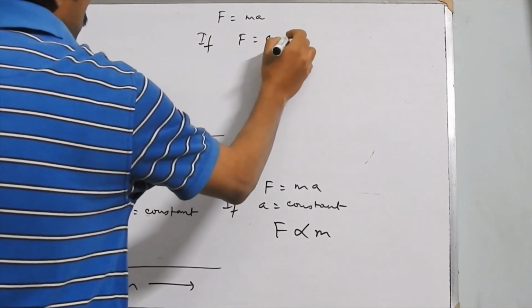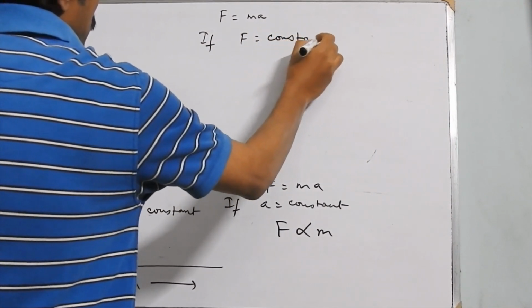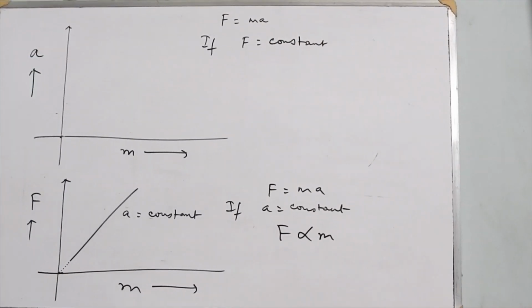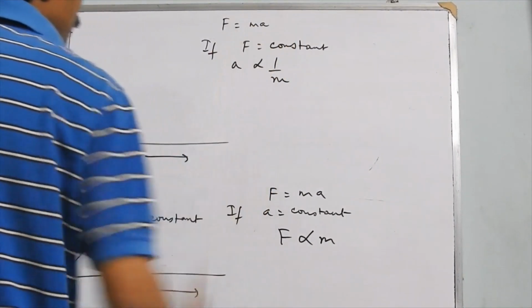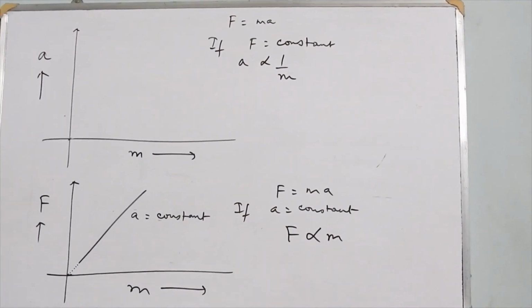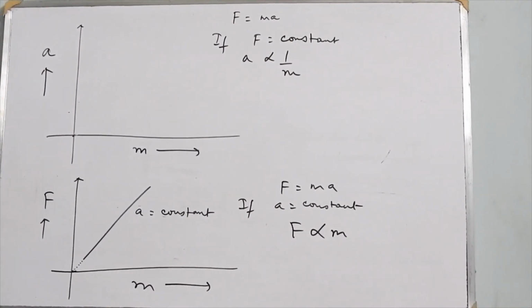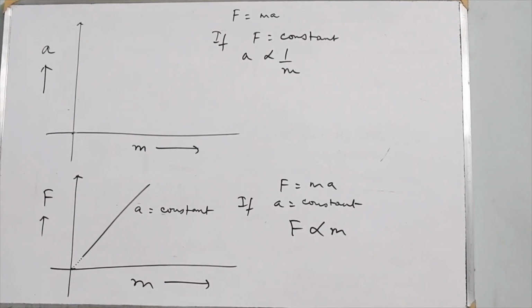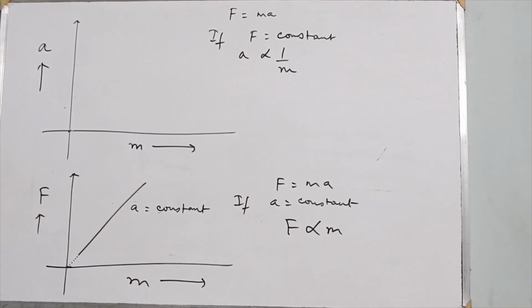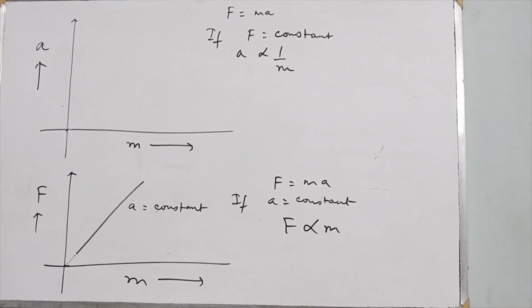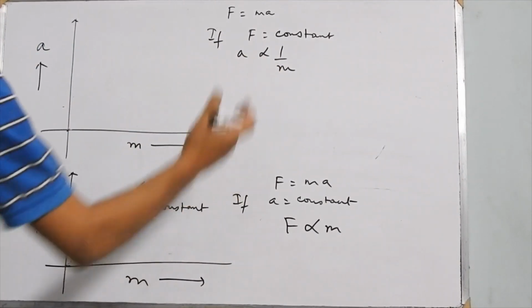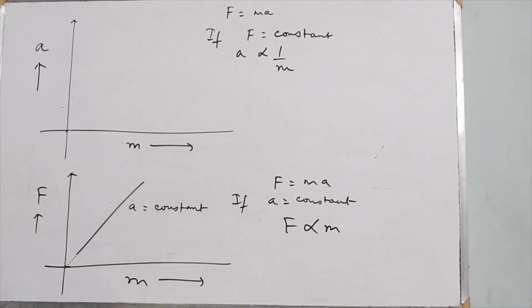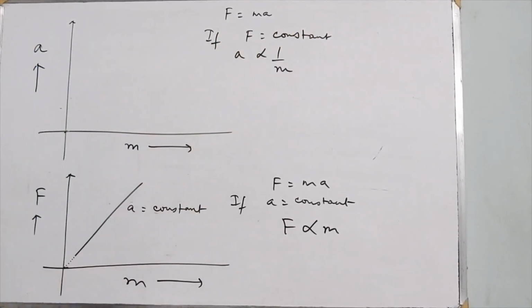The same force is being applied on objects of different masses, and definitely more will be the mass, lesser will be the acceleration. If you apply the same force on a truck and on a car, definitely a car will accelerate more as compared to a truck, because a truck has more mass. So more mass means lesser acceleration, lesser mass means more acceleration, provided the same force is applied.